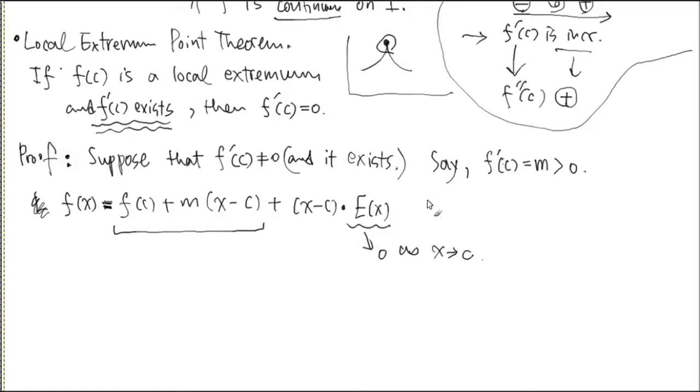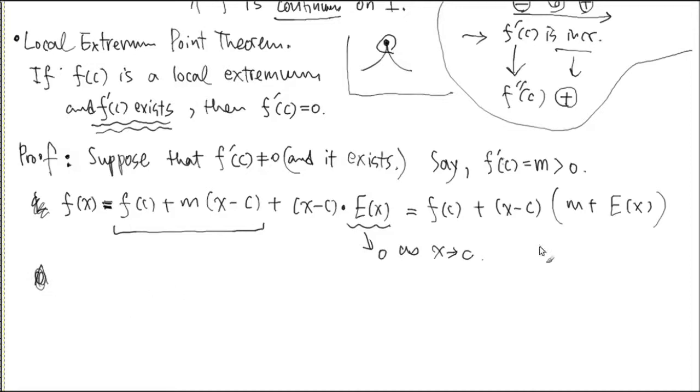So I'm going to write it like this: f of c is out there, plus x minus c times m plus e of x, if you factor out x minus c there.